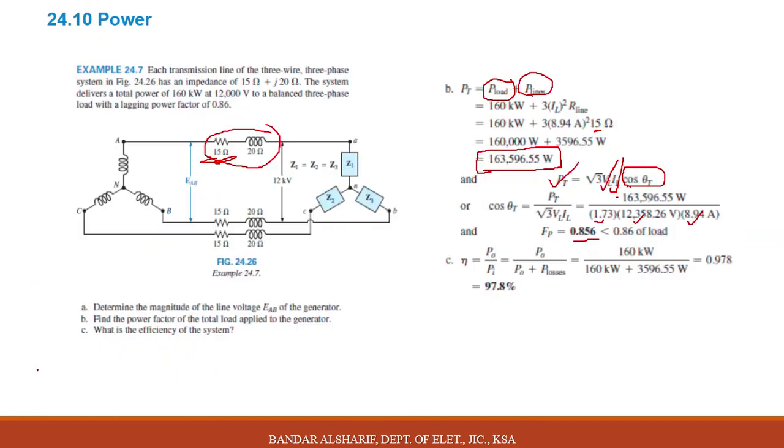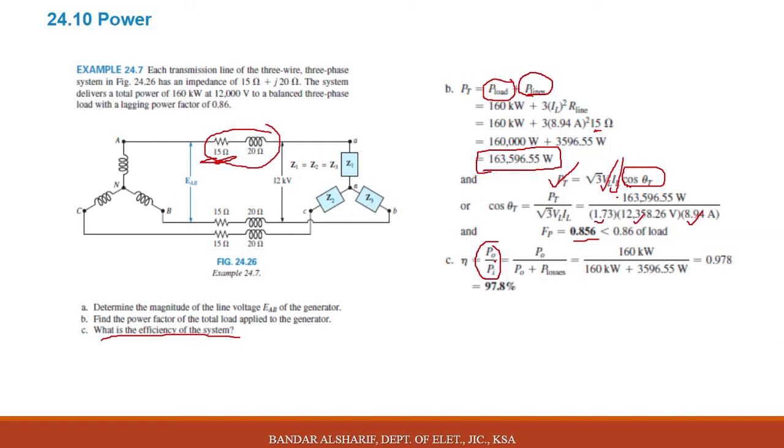Last part: what is the efficiency of the system? To find the efficiency of any equipment or any system, you need to divide the power output by the input, how much output we got from this input.